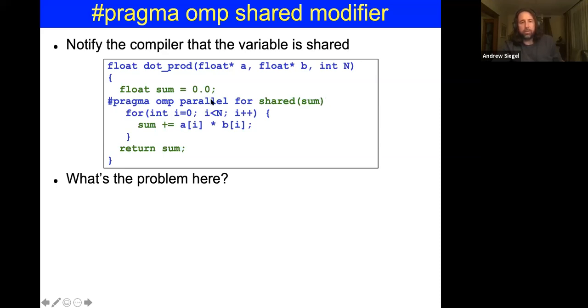You would say private I, shared N, shared A and B, shared sum. You can put them on the same clause, shared sum, A, B, and so forth. But I think it's better when you first start to be explicit.